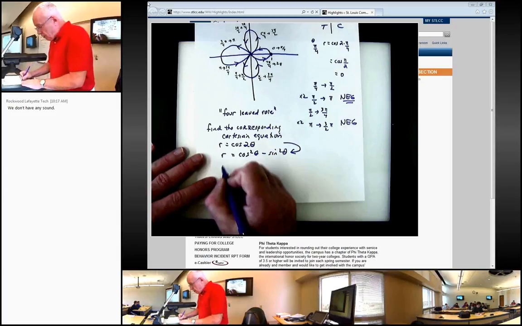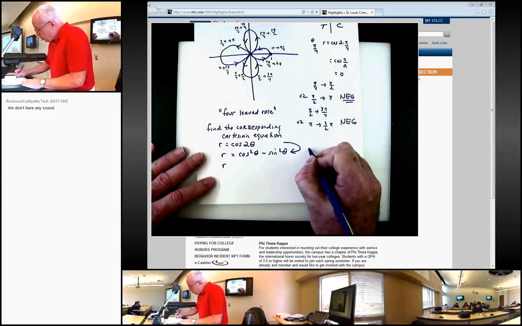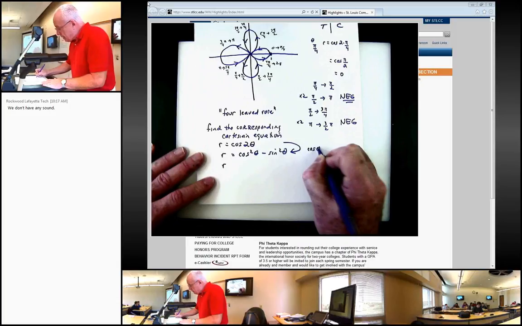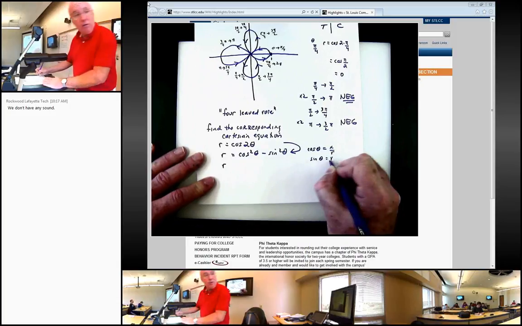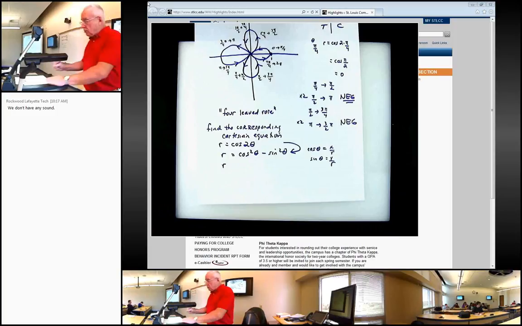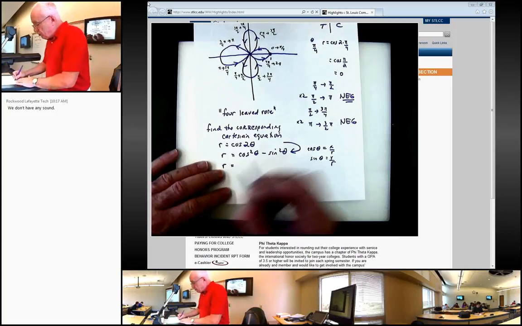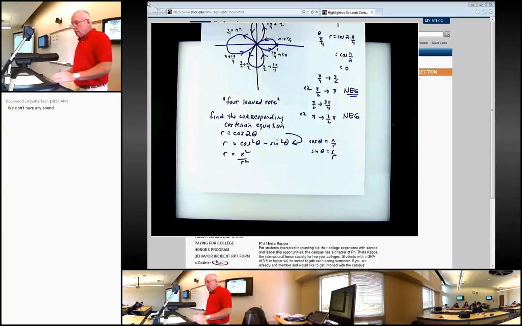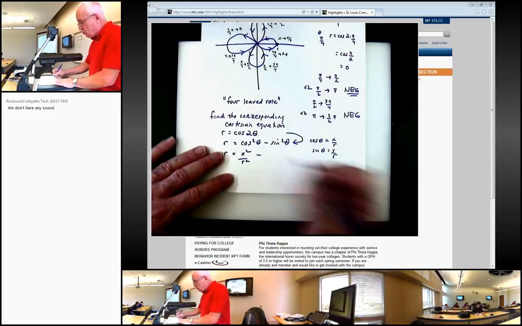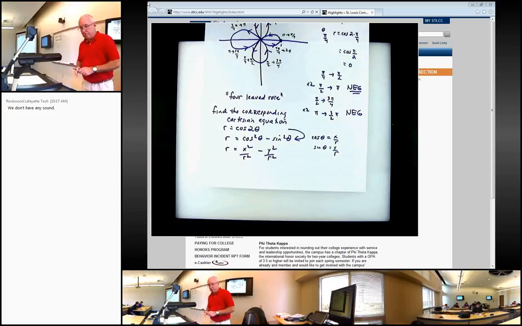So now, I'm using cosine of theta equals x over r, and I'm using sine of theta is equal to y over r. Okay, so what I get here is r is equal to, the cosine squared is going to be x squared over r squared, minus the sine squared is going to be y squared over r squared, like that. Okay.